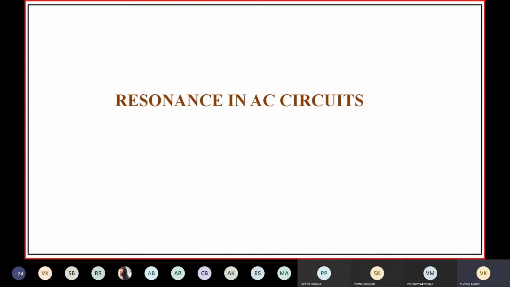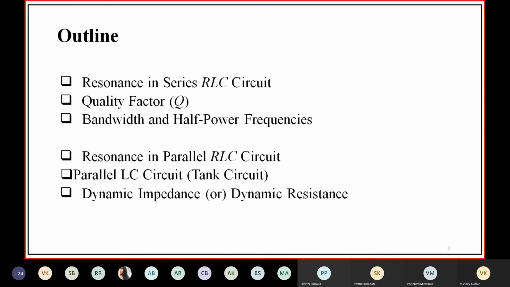Today I am going to discuss resonance in AC circuits. Coming to the outline: resonance in series RLC circuit, quality factor, bandwidth and half power frequencies. Today we will discuss resonance in series RLC circuit.